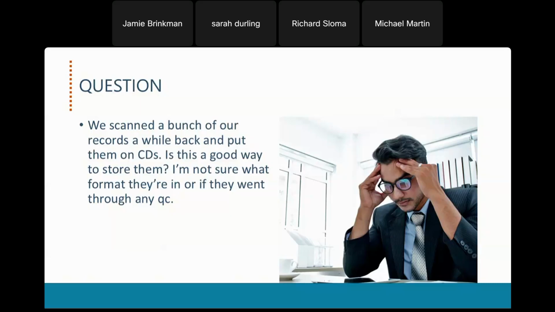So the potential to be lost or misplaced also does not make them good long-term storage solutions.